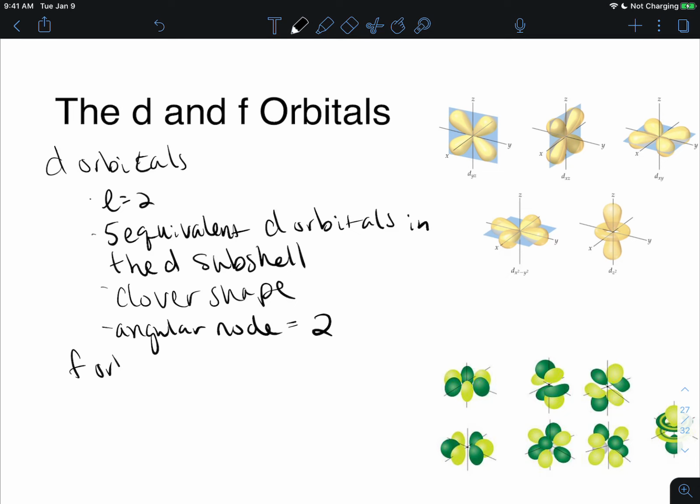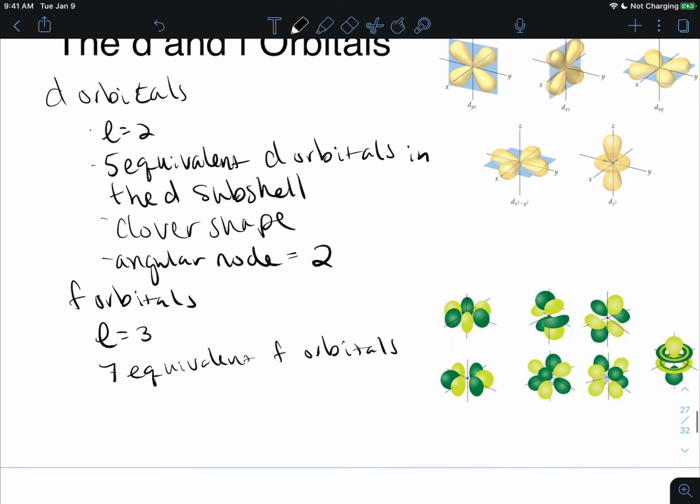Our f orbitals, L is equal to 3. There are 7 equivalent f orbitals in the f subshell. And these are some very, very weird shapes, right?